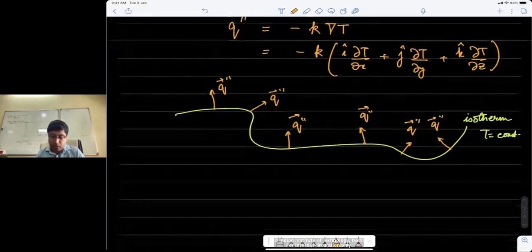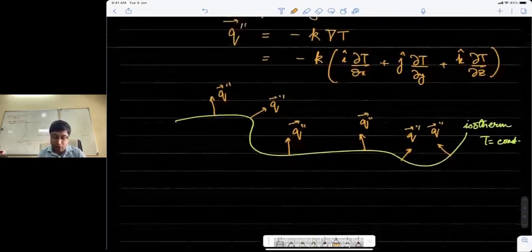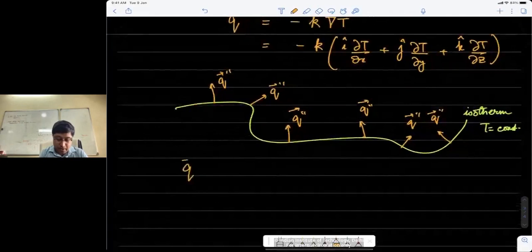Knowing this, we can also write the flux as a vector and decompose it into components.